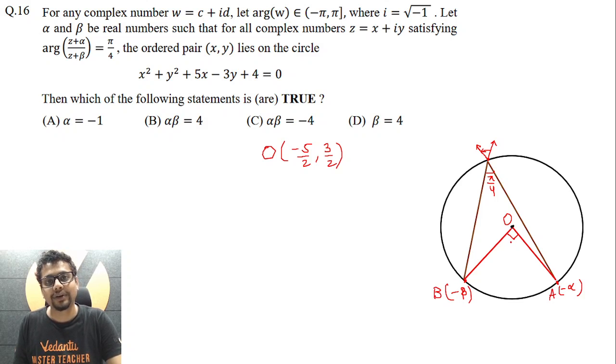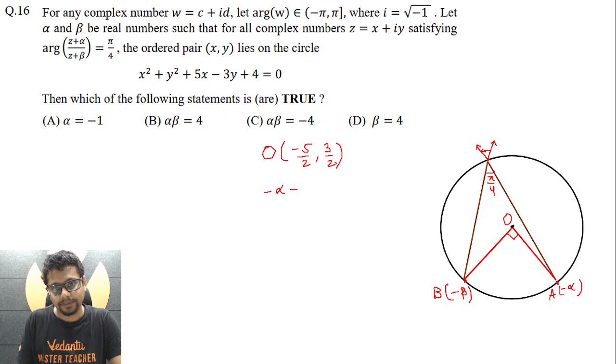I can think in terms of vectors when it comes to complex numbers. So here OA vector I may represent as minus alpha minus minus 5 by 2 plus 3 by 2 iota. That essentially means plus 5 by 2 minus 3 by 2 iota. And OB I can represent as minus beta plus 5 by 2 minus 3 by 2 iota.